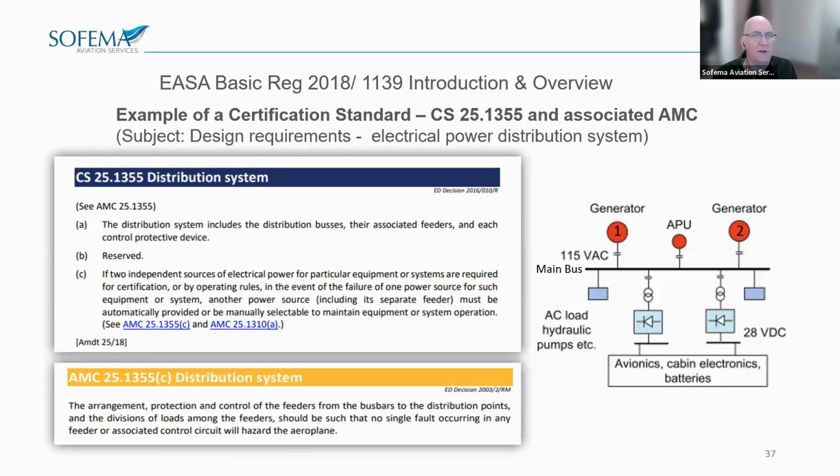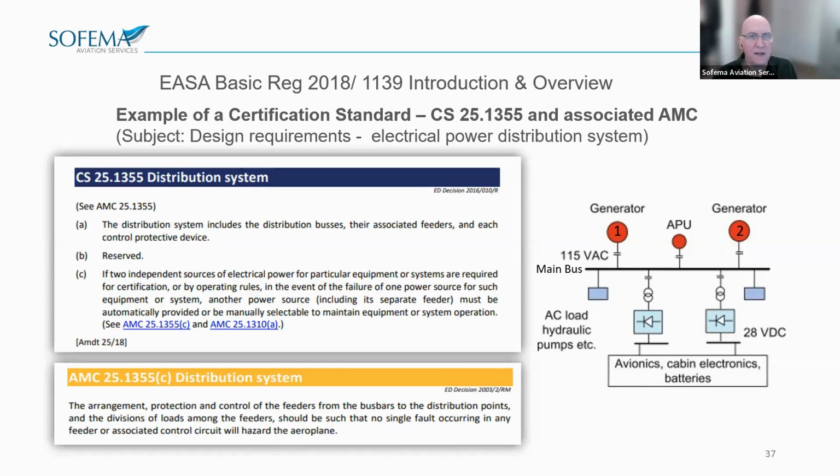This is an example on a bit of a technical level here. This is an example of a certification standard for the design of an aircraft electrical system, CS25.1355. Not really going to get too much into electrical design here, but just illustrate the principle. This CS defines what electrical power distribution system is on an aircraft.